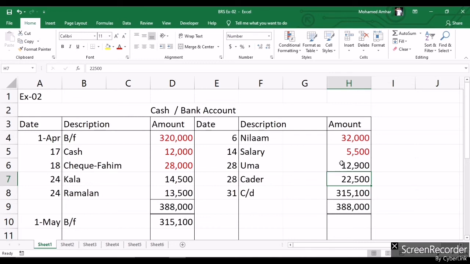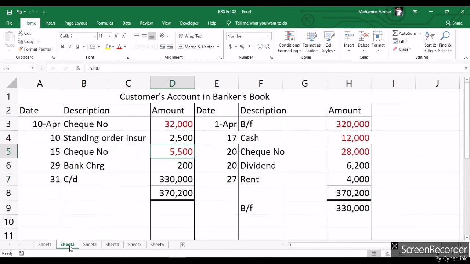And we checked all the credit entries in the cash book, but if you see the banker's account, another two amounts are there that are not in the cash book. So one is bank charge, so that is also a difference.